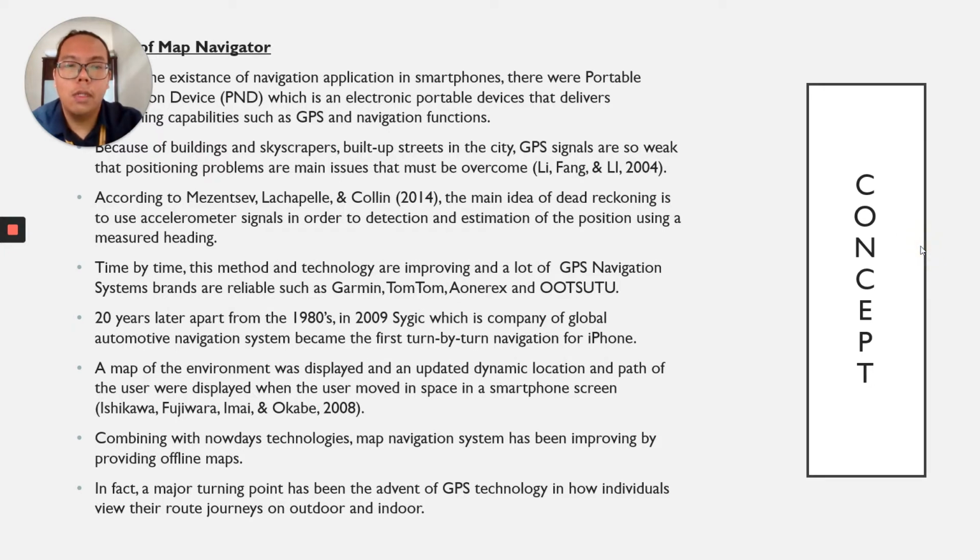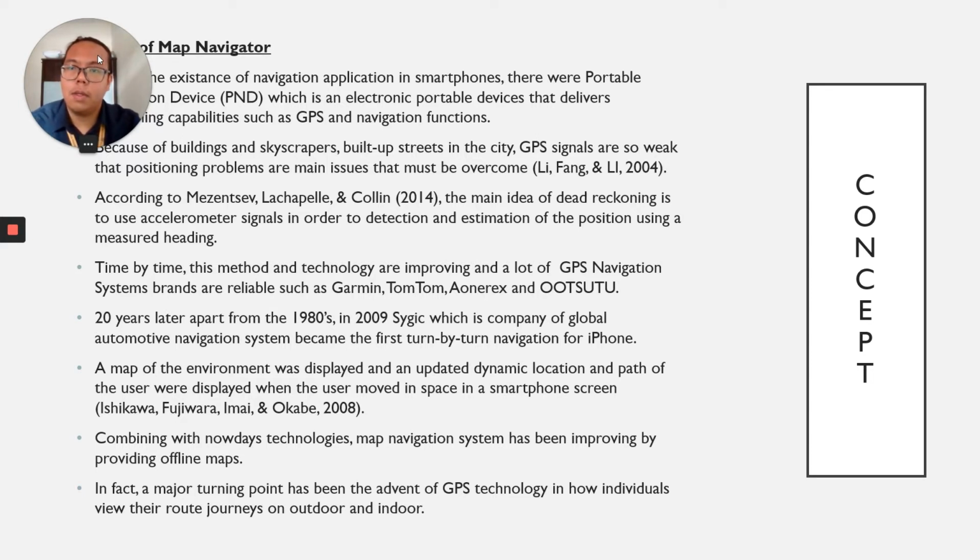Moving on into the literature review. So firstly, we brief on the history of map navigators. The existence of navigation applications in smartphones. Before there were navigation applications in smartphones, there were PND, which is portable navigation devices.